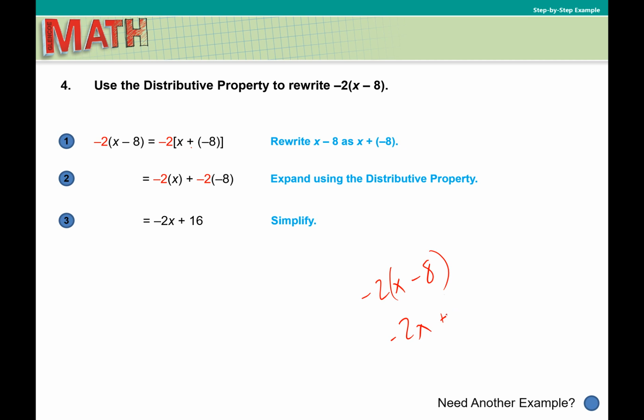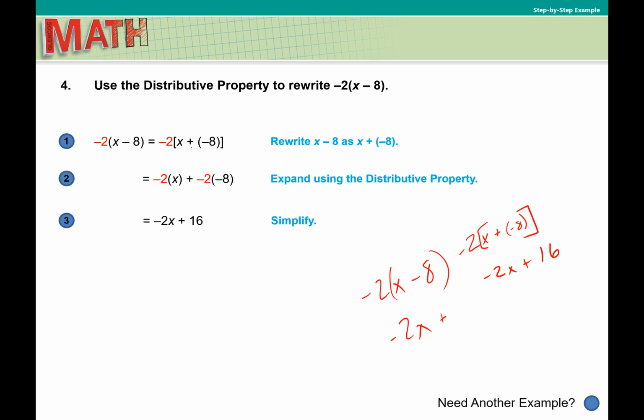But if we turn this original problem into an addition problem, then it's really clear what we're supposed to do. So if it's negative 2 times x plus negative 8, then I know for sure it's negative 2x plus 16. And that's exactly how we end.